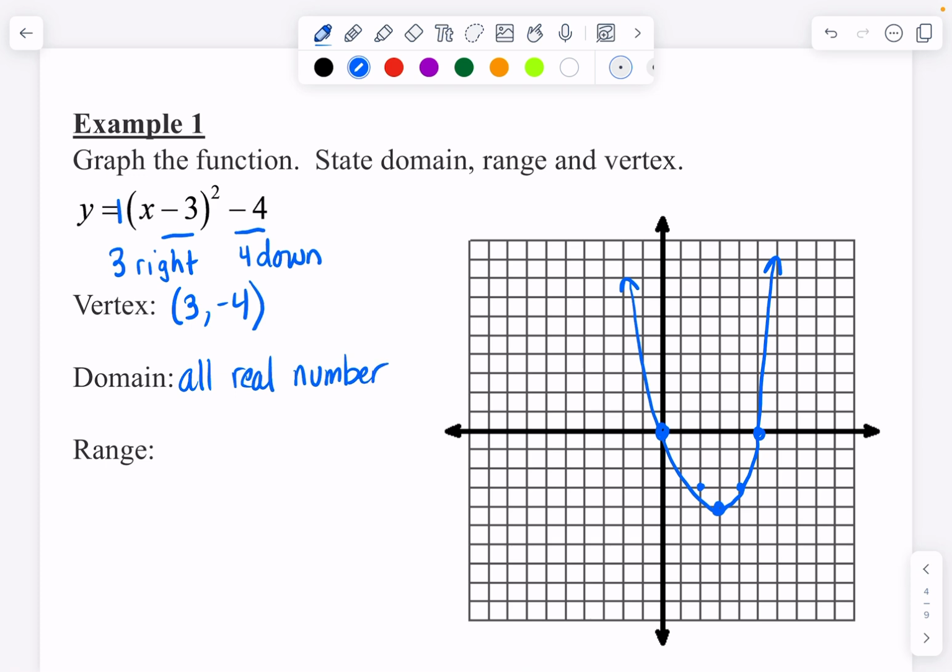And again, my abbreviation for that is this double R, as I call it in my head. I'm going to be using that throughout the rest of the PowerPoint. And your range: I open up, so your vertex is a minimum, so y is greater than or equal to that vertex point.